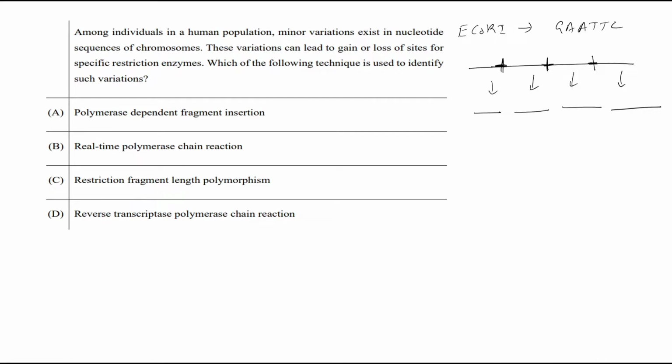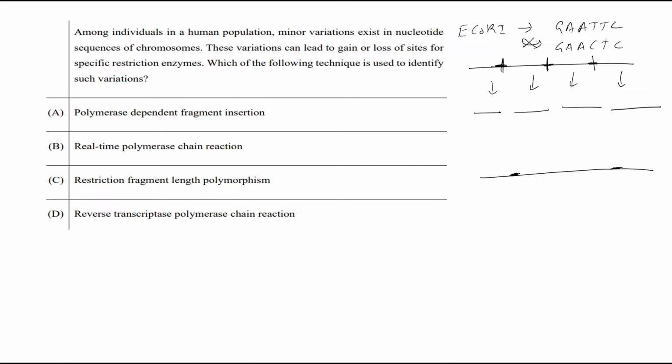If any mutation occurs in this specific recognition site, for example, consider it might become GCCTC, then EcoRI will not be able to recognize this site. Consider the middle one has got this change. So the recognition site at the middle place, the second one, is lost.